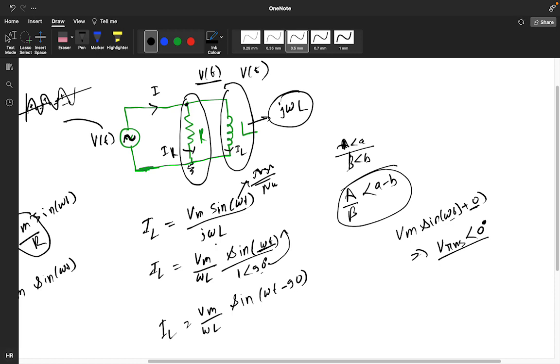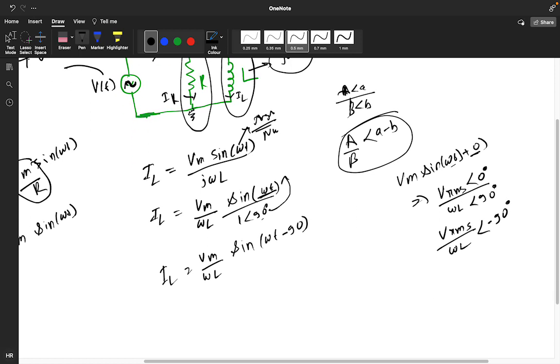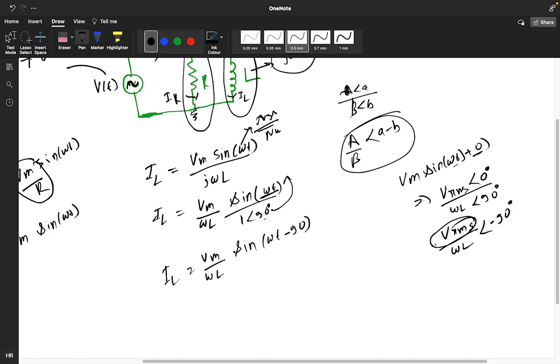And here j omega L can be written as omega L at an angle 90 degree. So Vrms by omega L, if it goes upside, it will become minus 90 degree. Now if you want to change this again, it will become Vm sine omega t minus 90 degree divided by omega L.